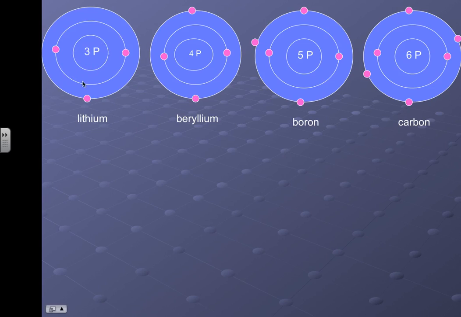And then this would be the first energy level containing 2 electrons. And then this would be the second energy level that contains 1 electron. And so you can see as you move progressively up on our atoms that we now have additional electrons in that last energy level. So that's really the only difference between these. They've got an extra proton and an extra electron.